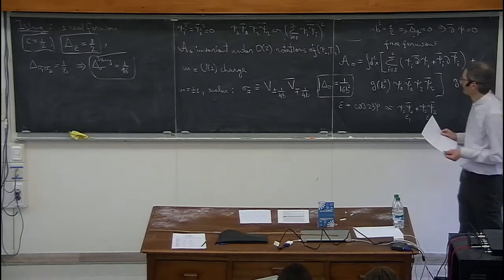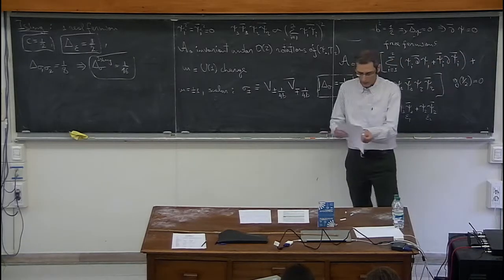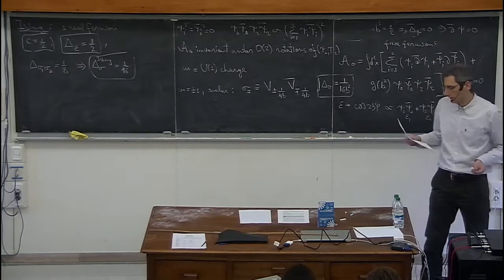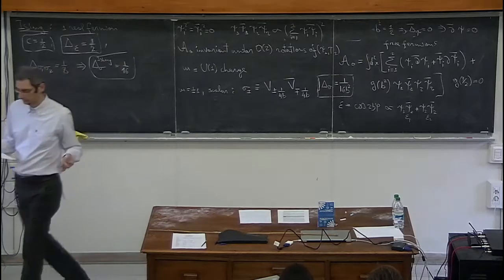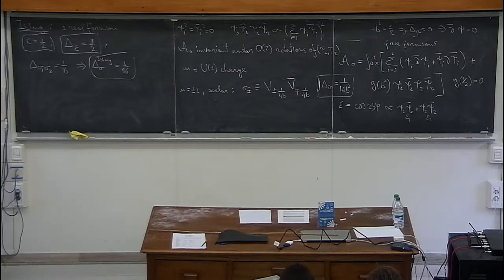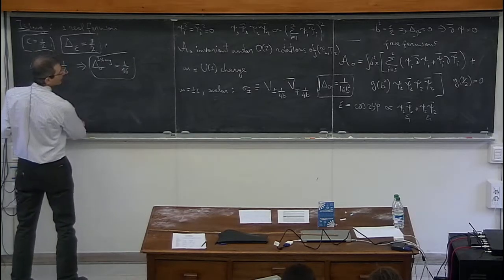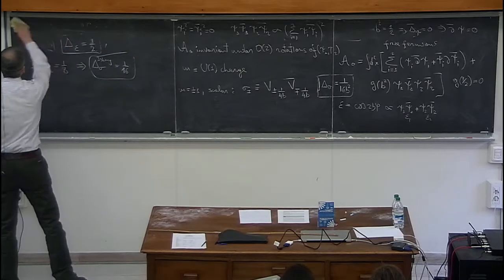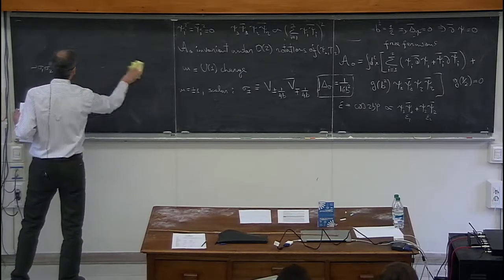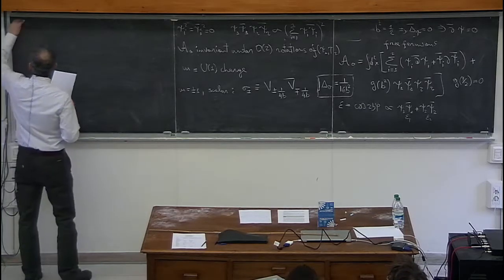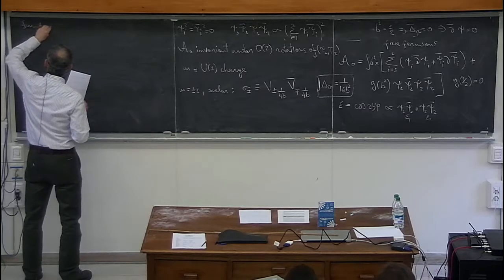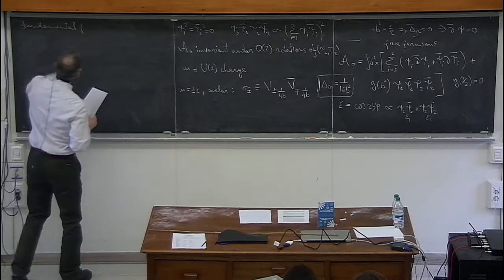As a last notion, in this c equal 1 case, let me look for the fundamental chiral fields. So I will erase this. Now I go back to the general theory c equal 1 with this parameter b, and I look for fundamental fields.